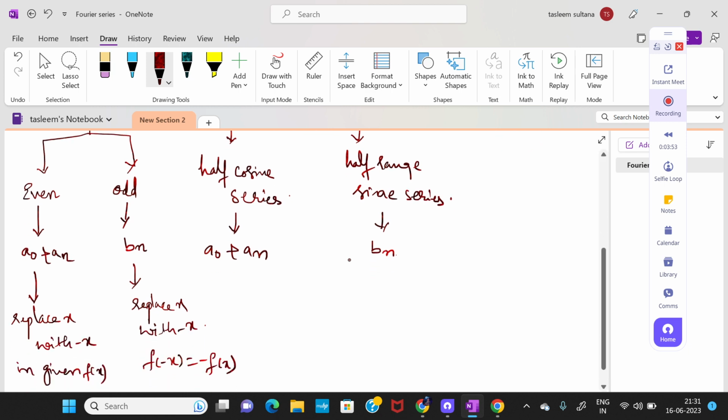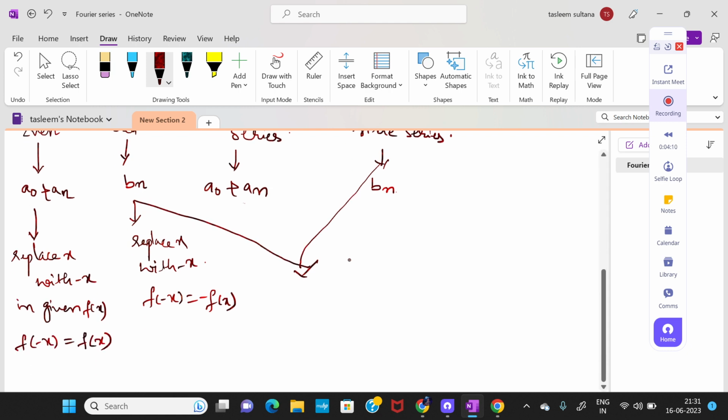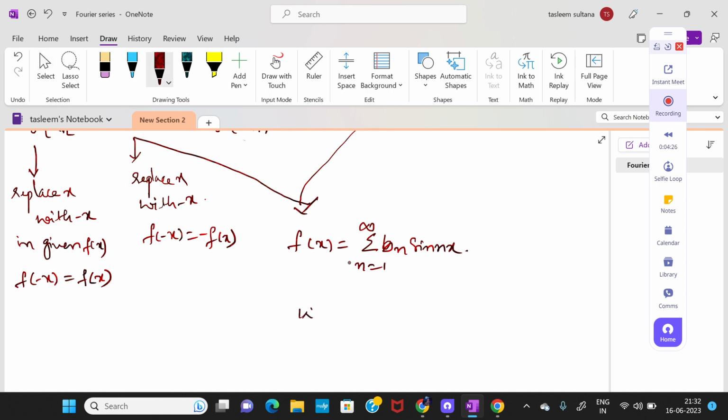What is the function for this one? For even I will write it down below, and for odd and for the sine series, your function is f of x equals summation n equals 1 to infinity bn into sine nx, where bn equals 1 by pi integrating minus pi to pi f of x into sine nx into dx.